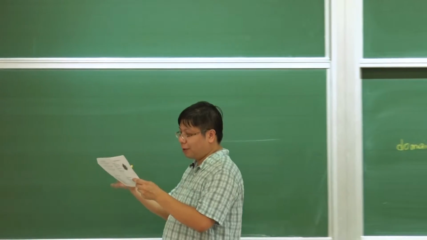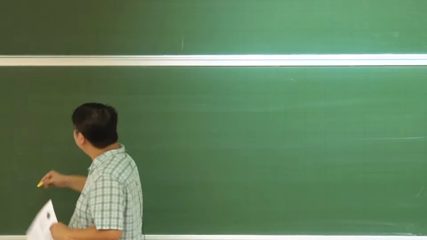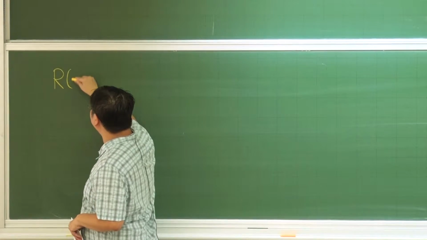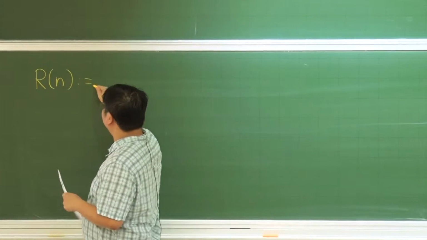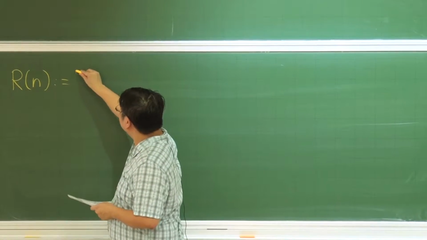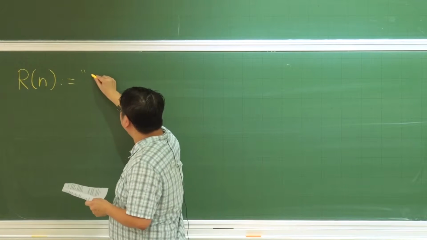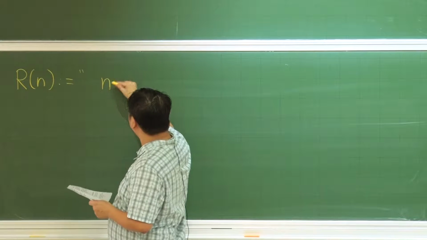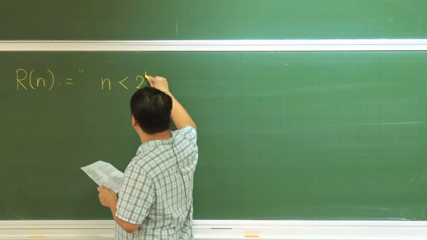Two more. Let's do two more to make us familiar. So this time let's call it R. We have a new proposition R(n). It says that n is less than 2 to the power n.